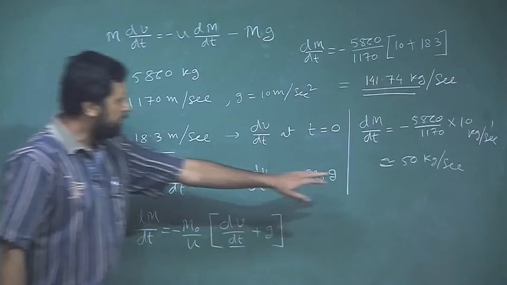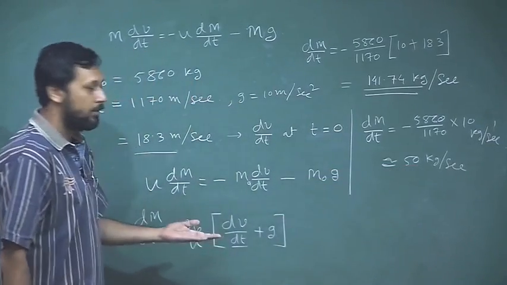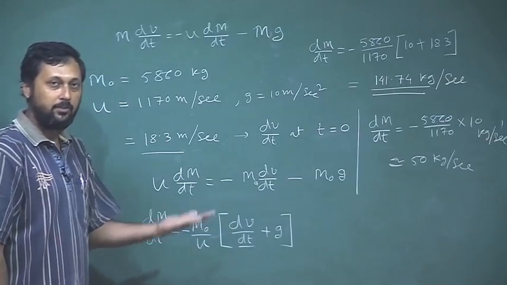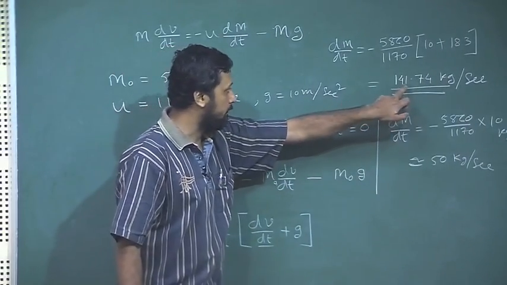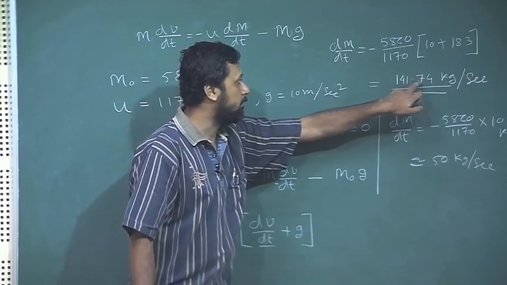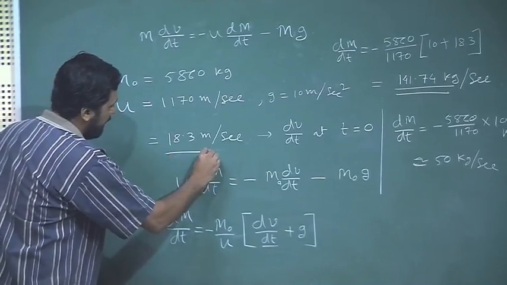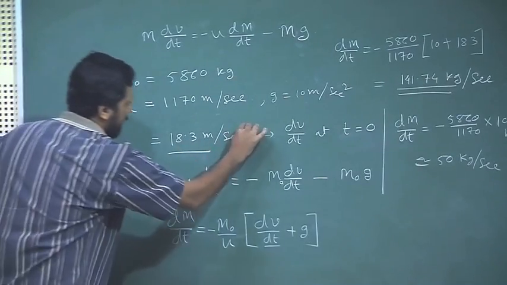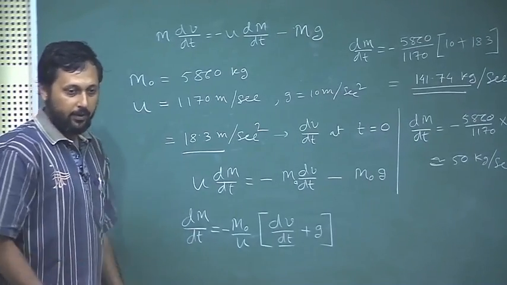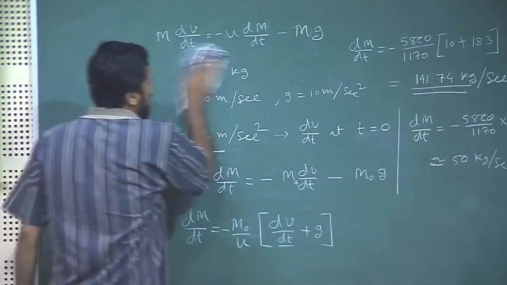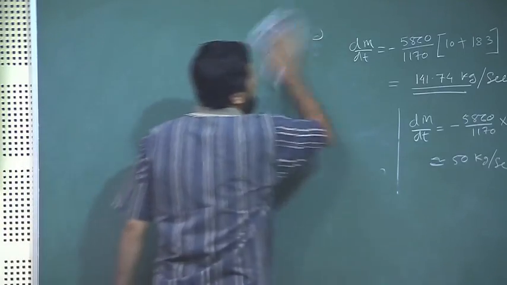So, you see if the rocket starts exhausting at 50 kg per second, it lifts up with 0 relative acceleration to the ground, whereas if it starts with the exhaust at 141.7 kg per second, then it shoots up with an initial acceleration of 18.3 meters per second square. Great.